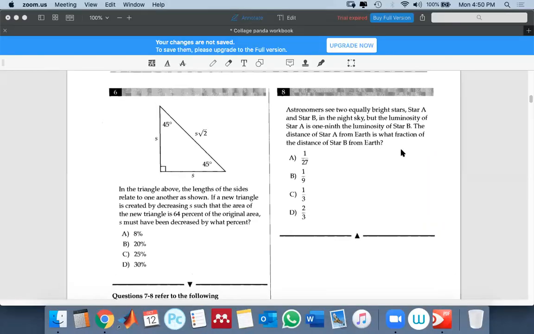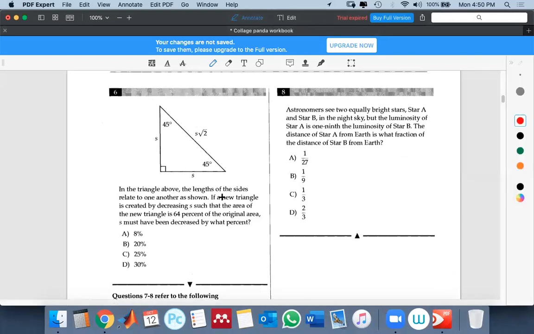Now, let's go to this example. If the triangle above has the lengths of the sides related to one another as shown, if a new triangle is created by decreasing S such that the area of the new triangle is 64% of the original area.